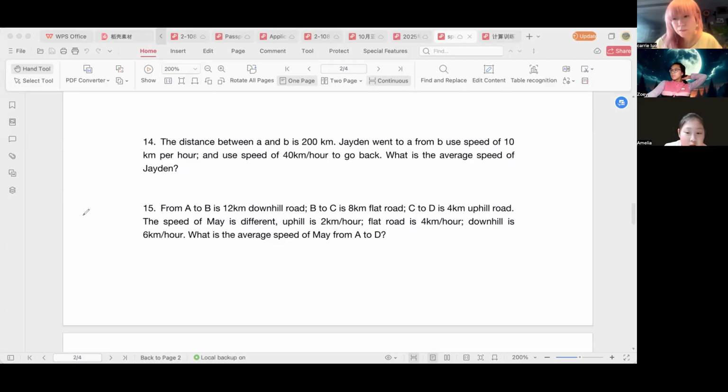Downhill is 6 kilometers per hour. What is the average speed of A from A to D? Okay, get it? So this road contains downhill, flat road, and uphill road. So they're different speeds. And still, the calculation will be the total distance divided by total time.